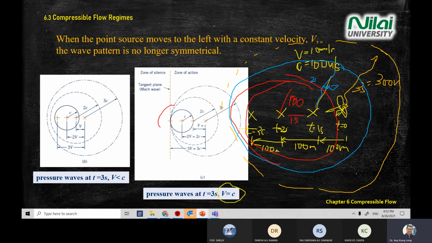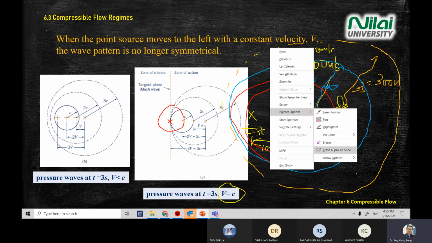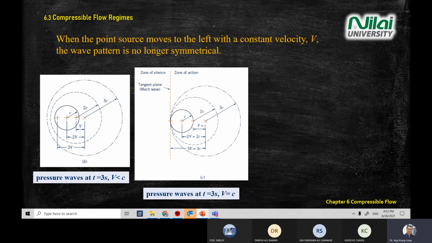You see the waves are squeezing at one tangent point. You can use graph paper to plot the circles. If you're moving at the same speed as the speed of sound, with velocity equal to the speed of sound, you're going to get an intersection point at one distance from the origin, and you can plot a tangent plane. We call it the Mach wave.